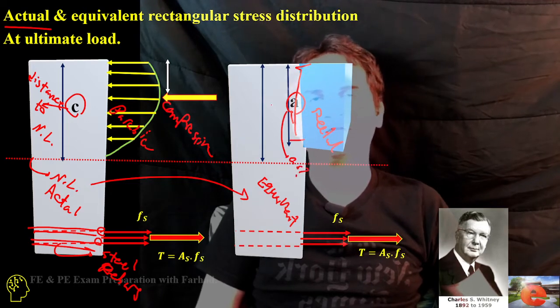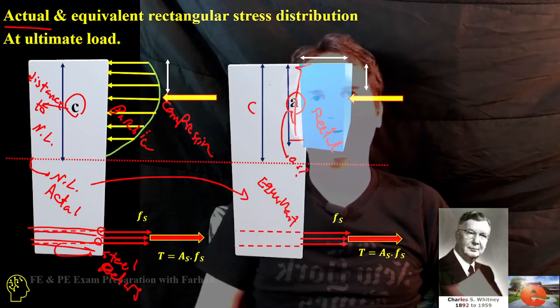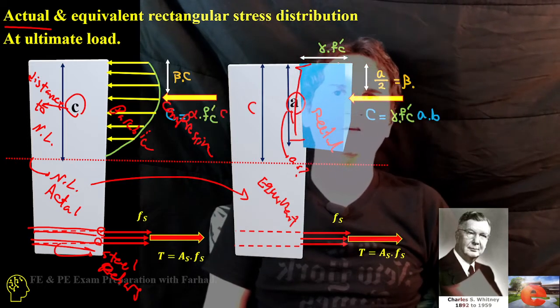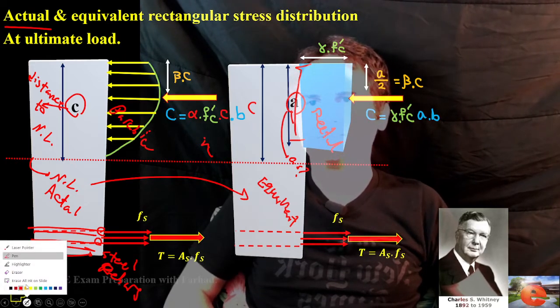A is definitely a portion. Again, this is C, and A is a portion of C. So let's make it a bit cleaner.